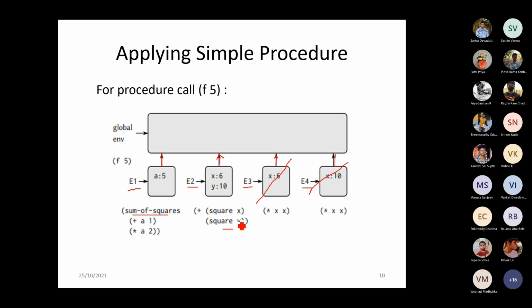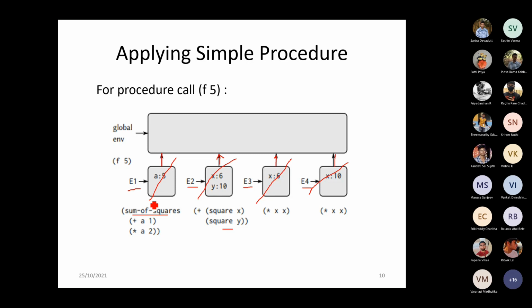Once this addition happens, we no longer require this environment E2. Once this is done, it also would be released. After that, the value 136 would be returned over here, and once it returns this 136 value from this function f, that is from E1, this also would be released.